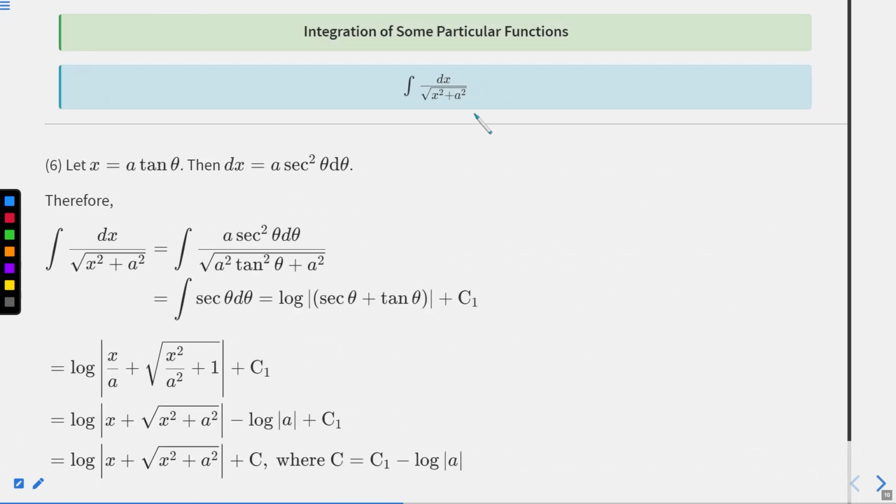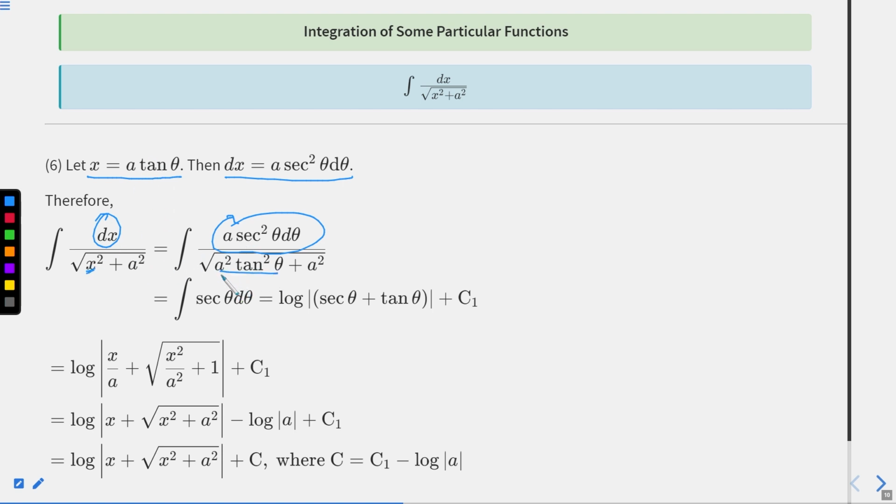Now what if we have a square plus x square? Then again a substitution. What substitution can make a difference? x is equal to a tan theta. This means dx will be a sec square theta d theta. Now replace this x square by a square tan square theta.